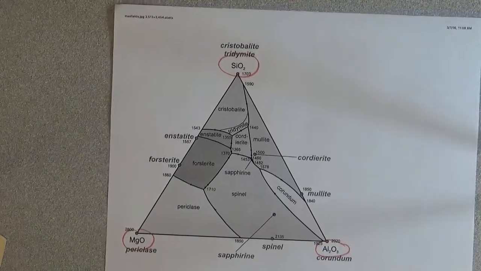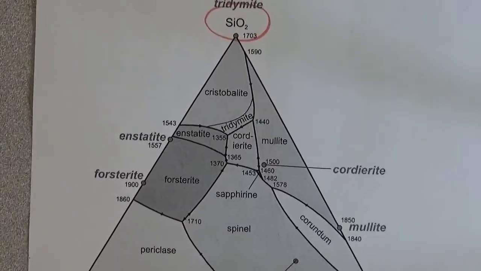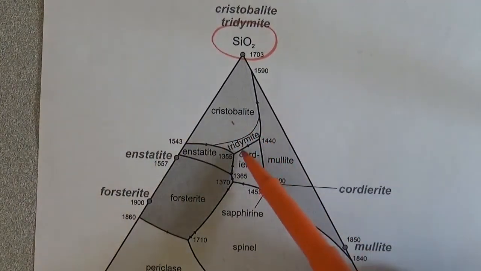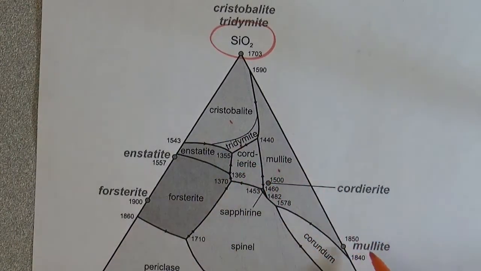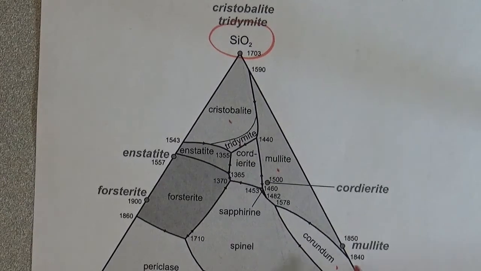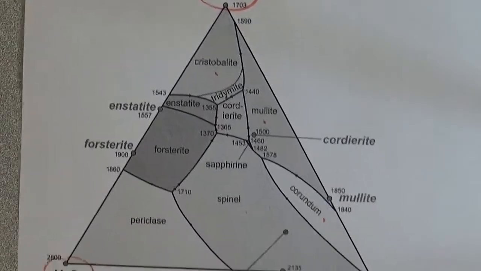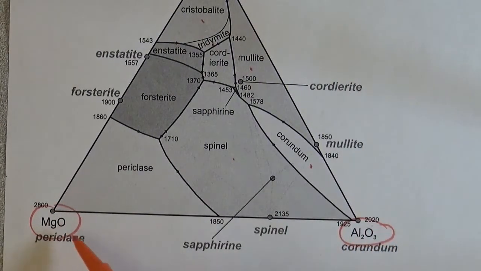And if you look at this, right, we have a lot of these phases you've seen before: cristobalite, tridymite, mullite, and then over here with Al2O3 you've got corundum, and then spinel. These are two common phases of Al2O3, and then MgO.